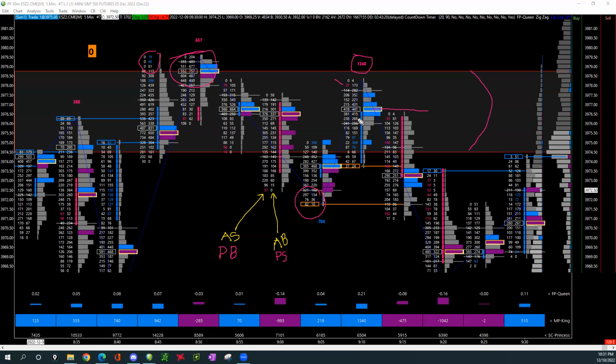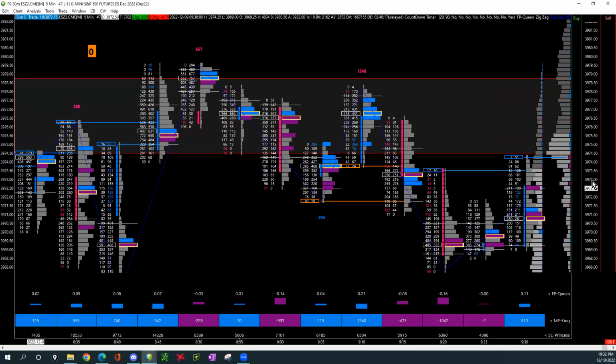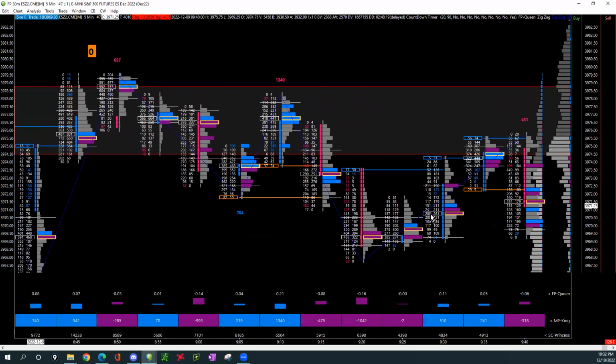If I'm an experienced trader, I would put in a contract and let it go down. It's no problem. But you need to identify the pivot point. If I get in here, I put my stop loss all the way up here.